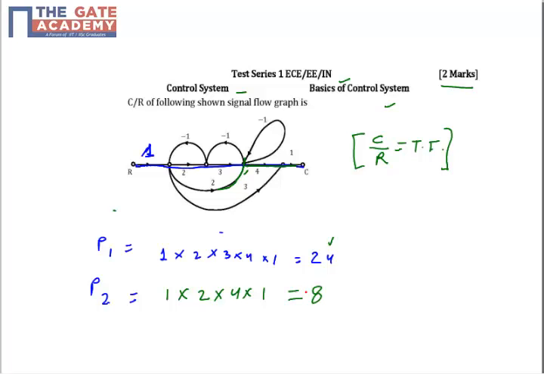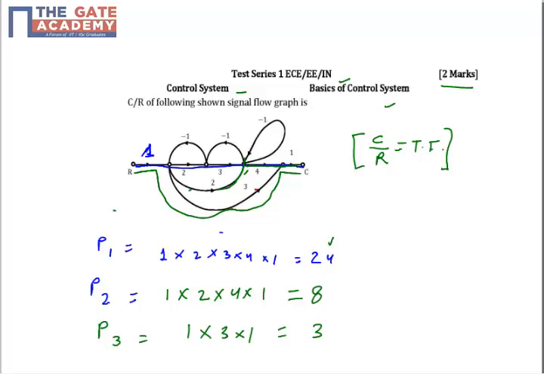And similarly we have another forward path, the third, which you can see here. From 1 we have this parallel path of gain 3 and then 1. This is my third forward path, which is 1 into 3 into 1, which is 3. So we have 3 forward paths from input to output in this diagram, right?